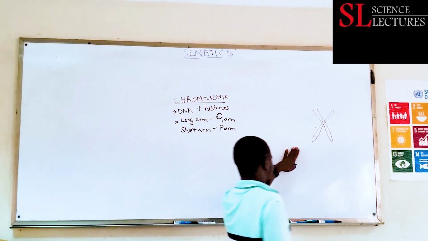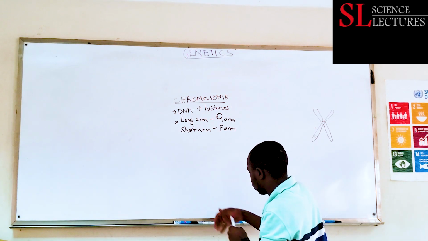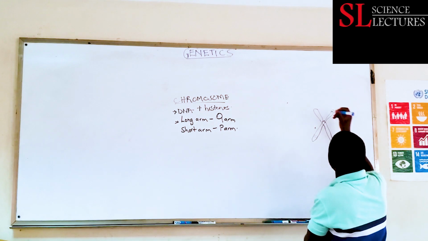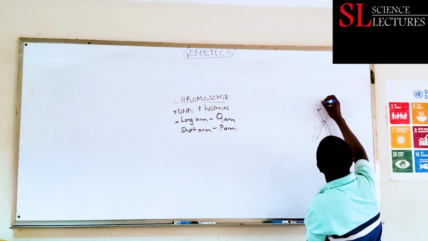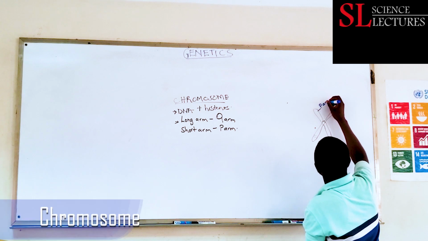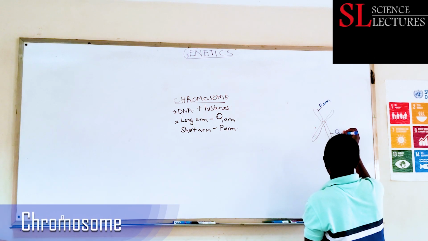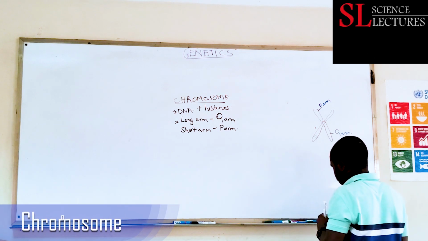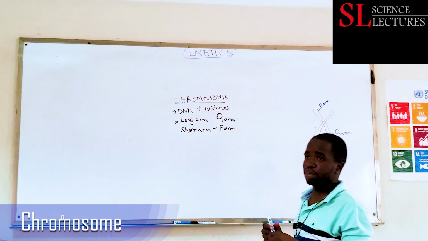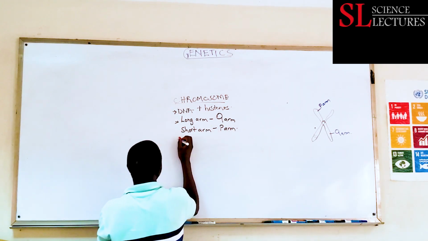So if I try to label it on my chromosome here, this would be my P arm, which is the short one, and this is my Q arm, which is the long one. Then a chromosome is made up of two chromatids.